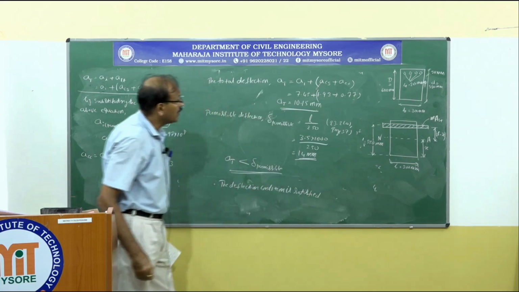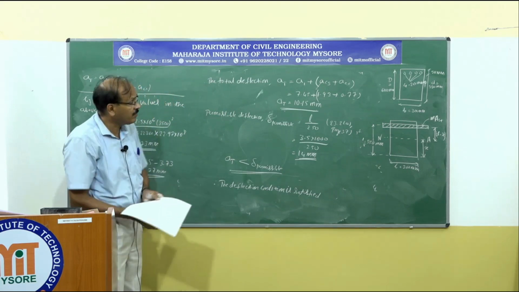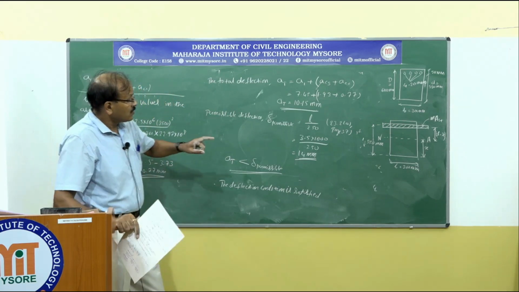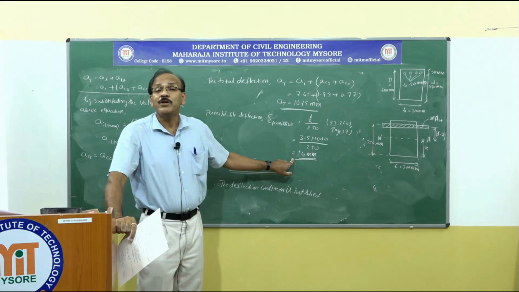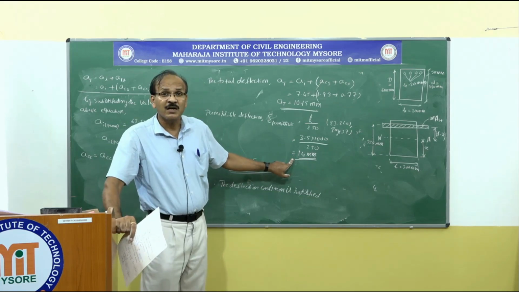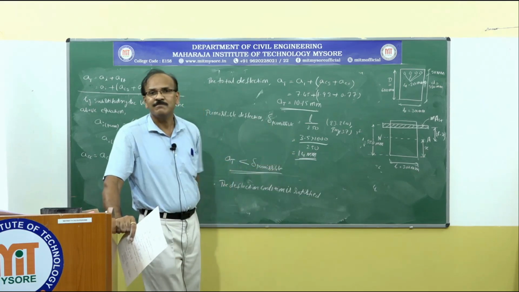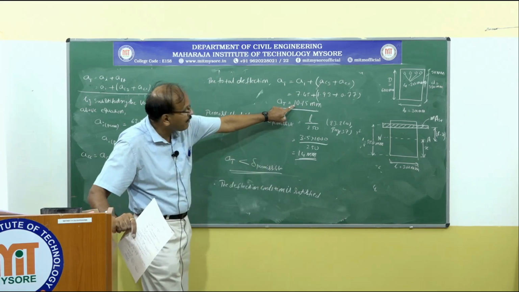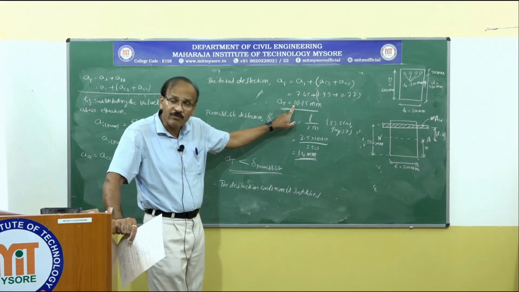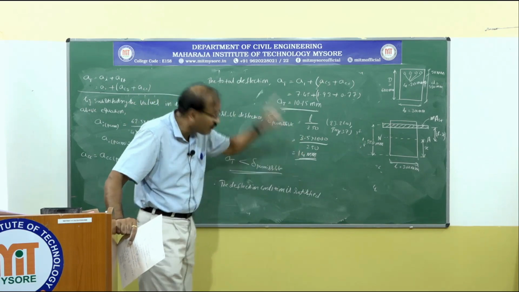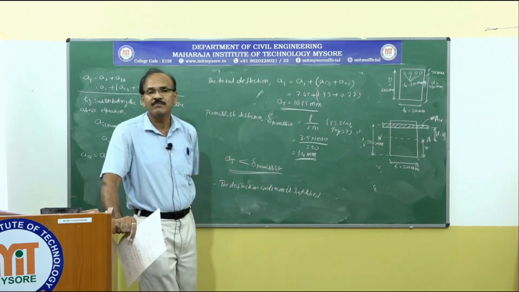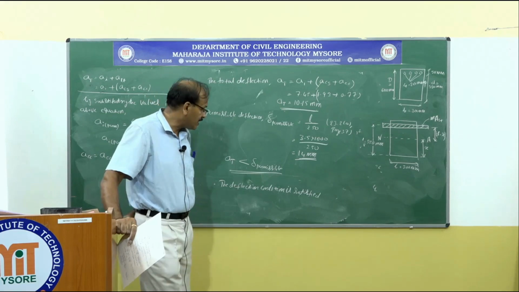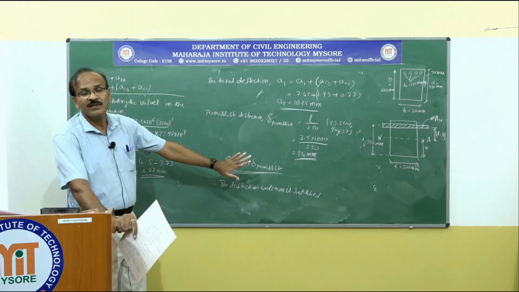What it means is, we can allow up to a maximum deflection of 14 millimeter. But what is the actual deflection happening? It is only 10.15 millimeter, which is less than 14 millimeter. That is okay. So the deflection condition is satisfied.